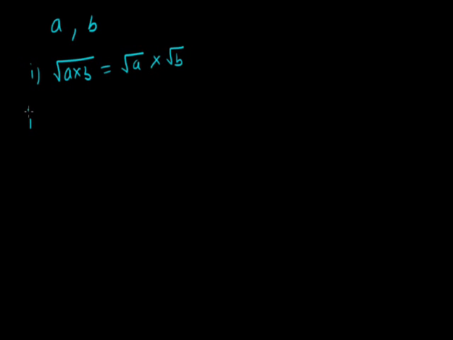Same way, root of a upon b can be written as root a upon root b. So these are the two important results based on square roots. Let's see how we can apply these results.